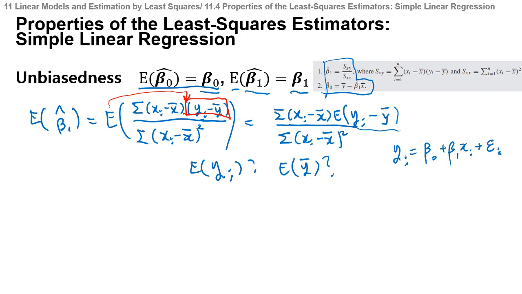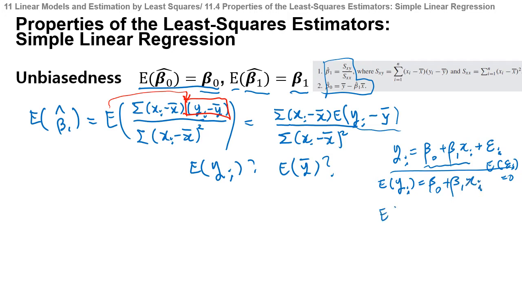That's the true situation. So for the expected value of yi, this part is the known part, and the expected value of epsilon i is 0. So the expected value of yi is beta 0 plus beta 1 xi.